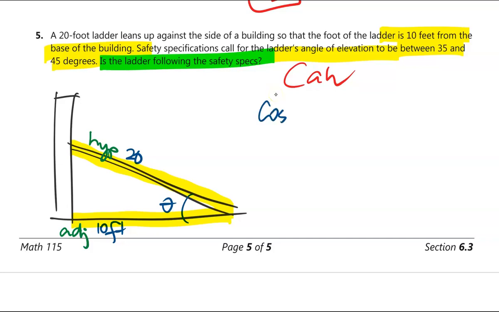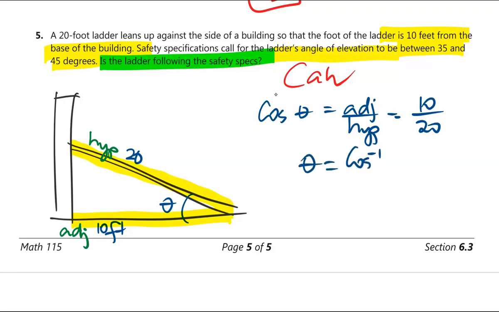So cosine theta is equal to adjacent over hypotenuse, which is 10 over 20, and if you want to get the angle, that is inverse cosine of 10 over 20.